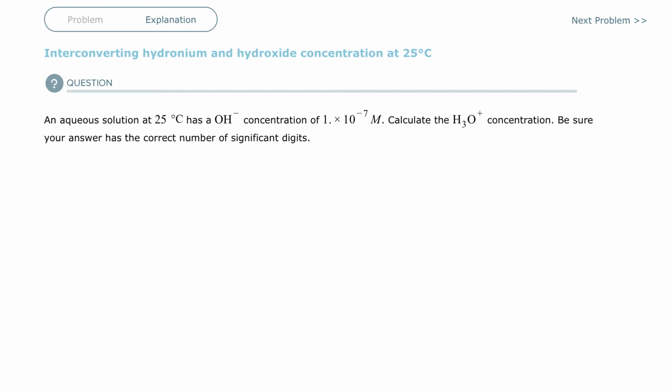Hydronium is when a proton, a hydrogen plus particle, will join with a water molecule. So hydronium is H3O plus, and hydroxide is OH minus.